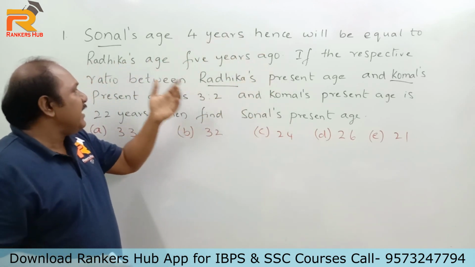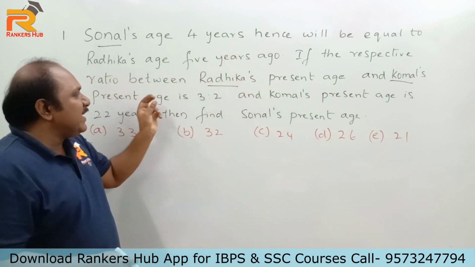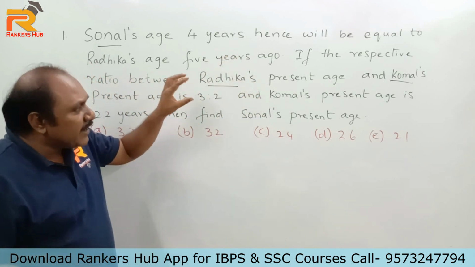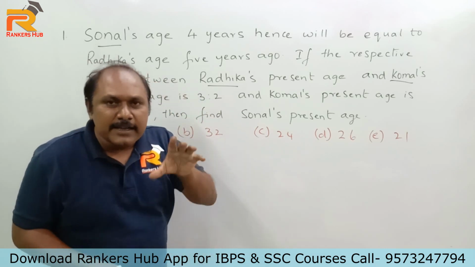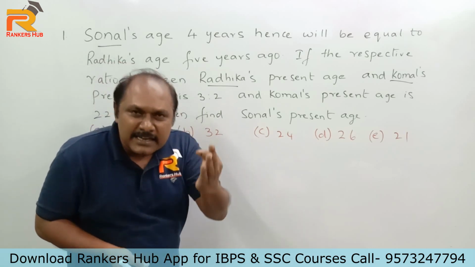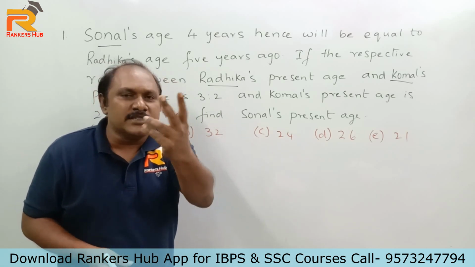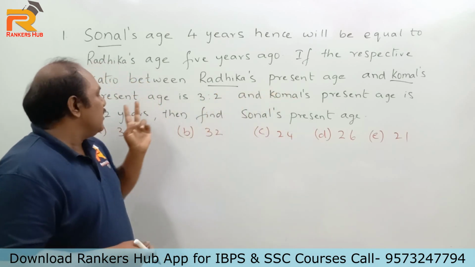Next, the respective ratio between Radhika's present age and Komal's present age is 3:2. That means, if Radhika's age is 3 years, Komal's age should be 2 years. Simple way to understand. And Komal's present age is 22 years.